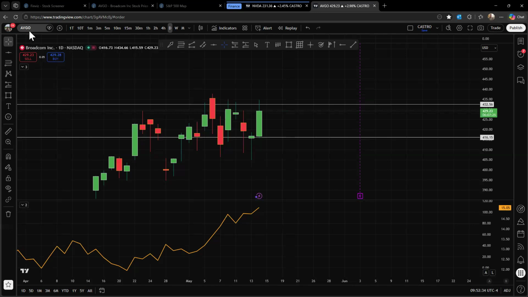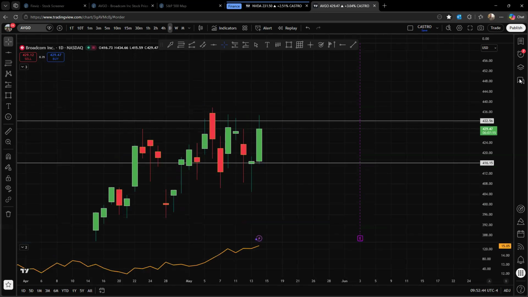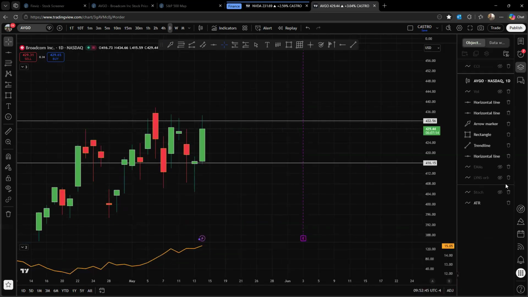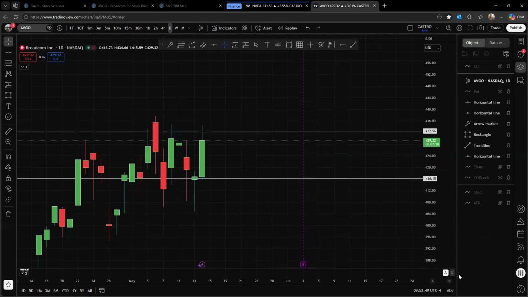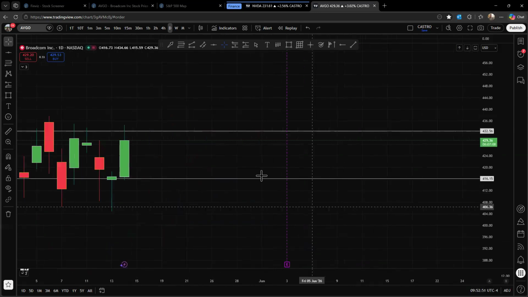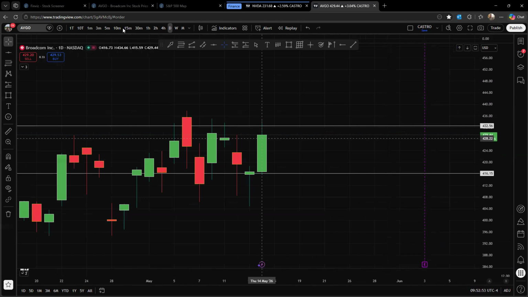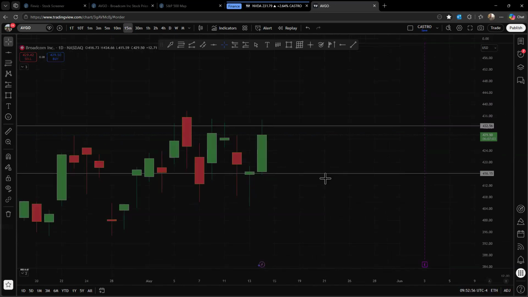And the average true range of Broadcom is $15. So on a daily average, it moves $15 either up or down. Once I had determined what the average true range was, that was my step number one. Once I determined that, I went into the 15-minute chart.